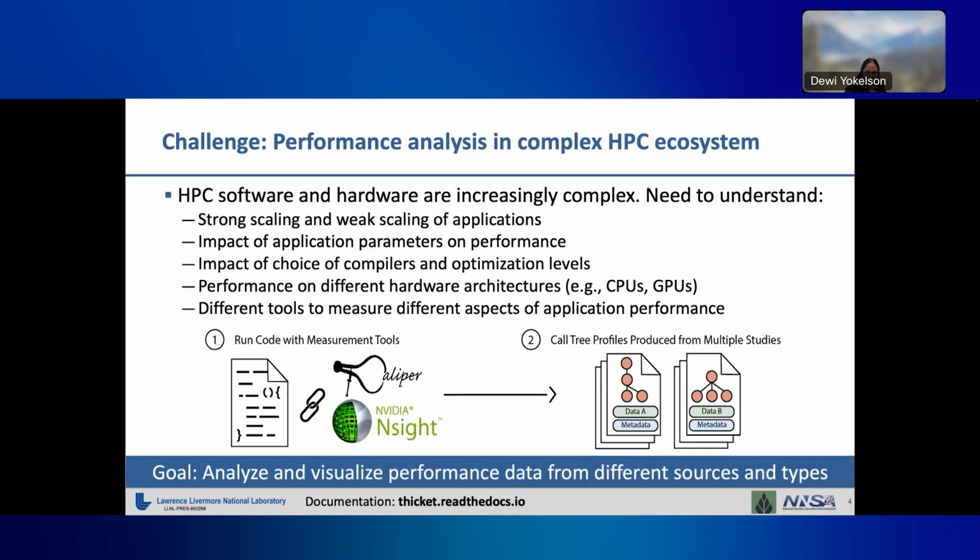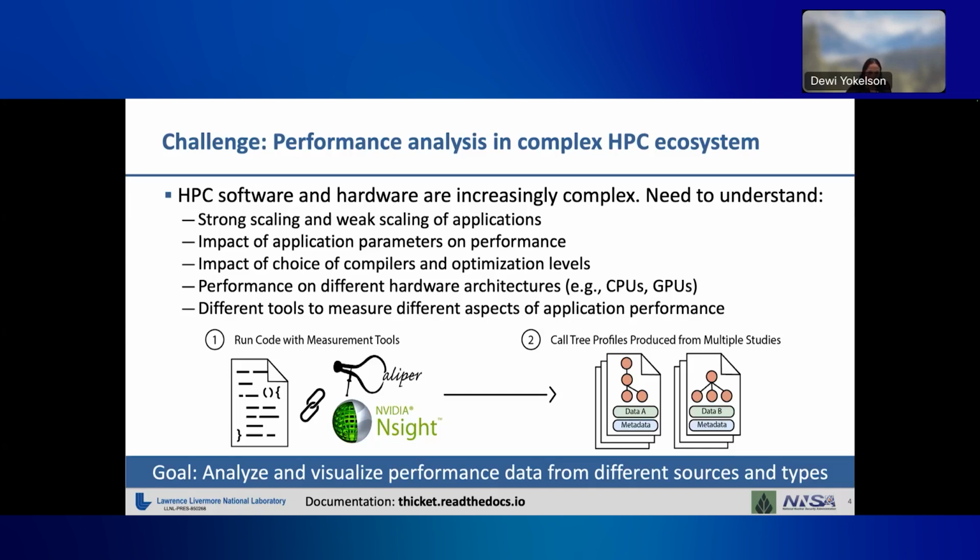Okay, so let's get started. Really the challenge that we're trying to solve with Thicket is conducting performance analysis on complex HPC ecosystems. As you know, if you run any HPC software, the hardware is growing increasingly complex, and we need to look at things like the strong scaling and weak scaling of our applications across different rank counts.